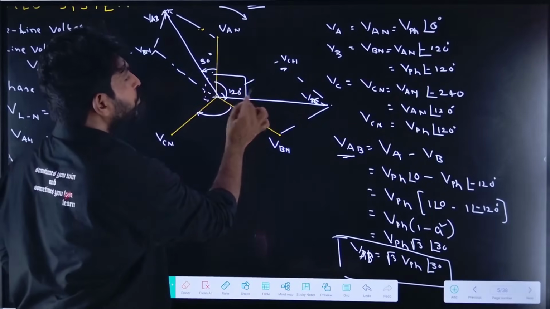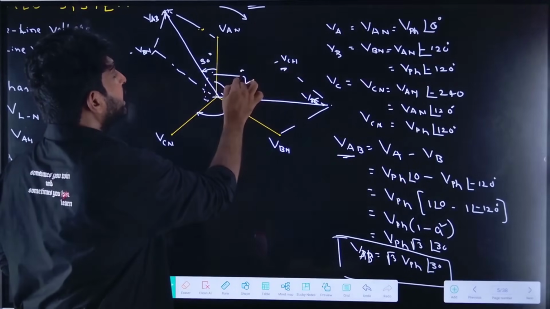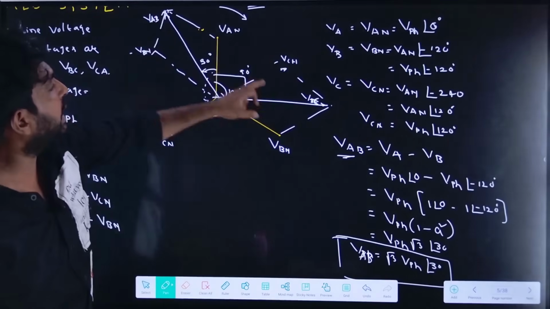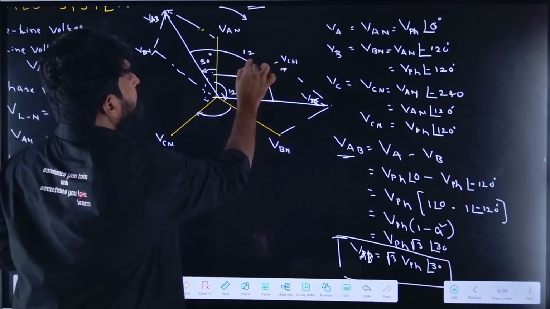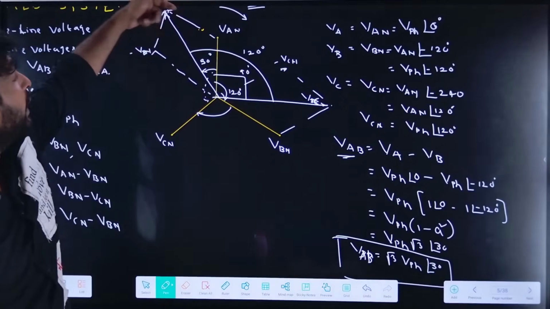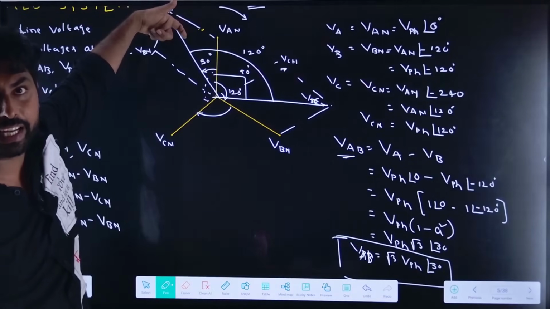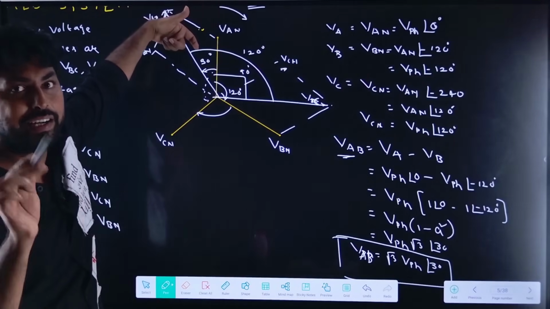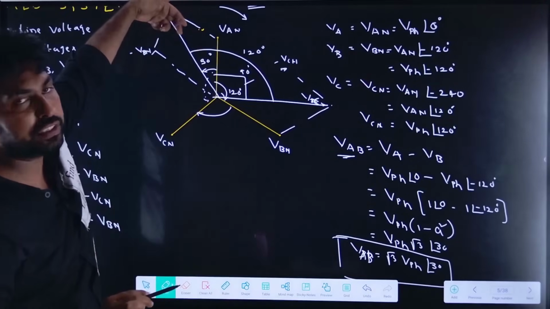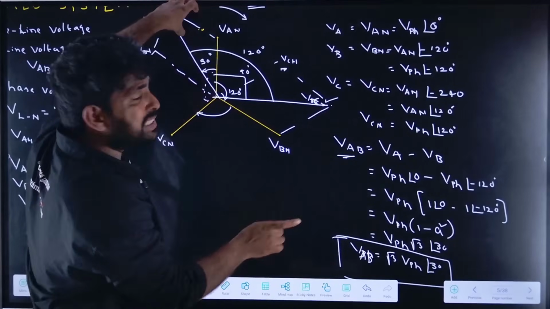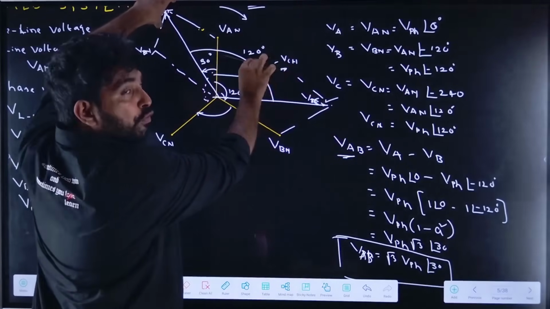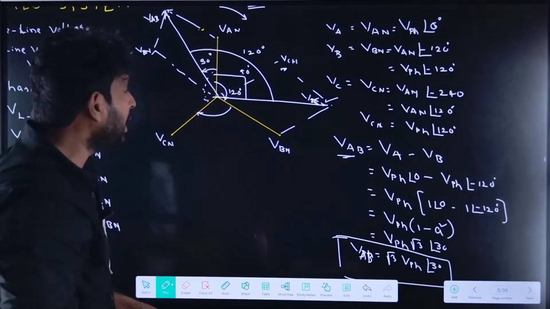It will be 90 degrees, and between VAB and VBC it will be 120 degrees. If I take VAB as a reference, so now I have changed the reference, don't confuse here, then VBC will be lagging by 120 degrees.